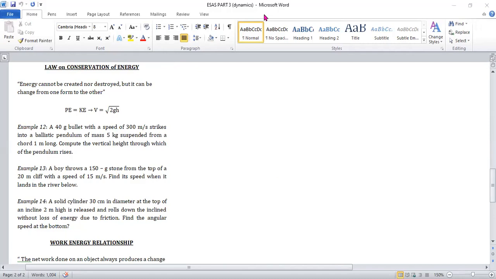Okay, so we'll just write again the solution for item number 13. There is this ball or stone which is thrown by the boy at a height of 20 meters, so it hits the river below.